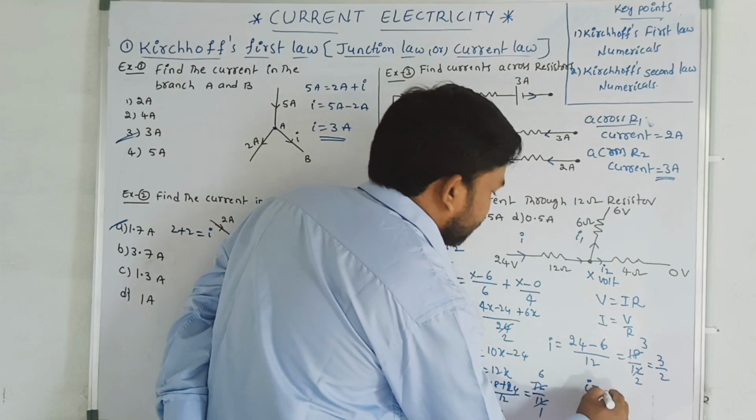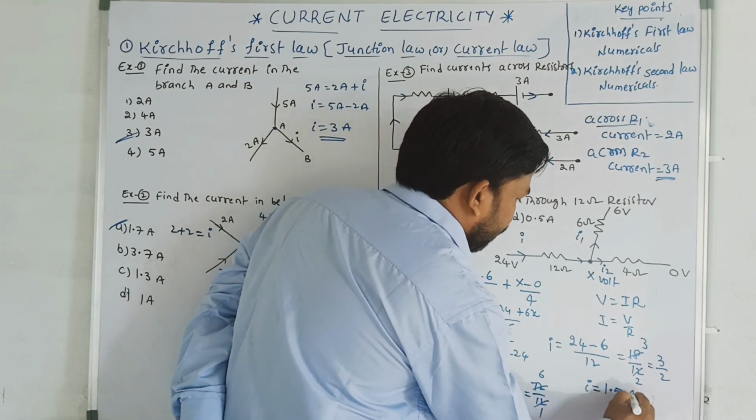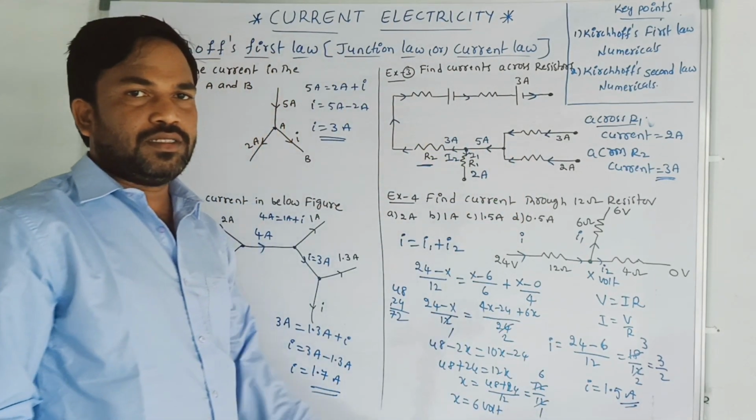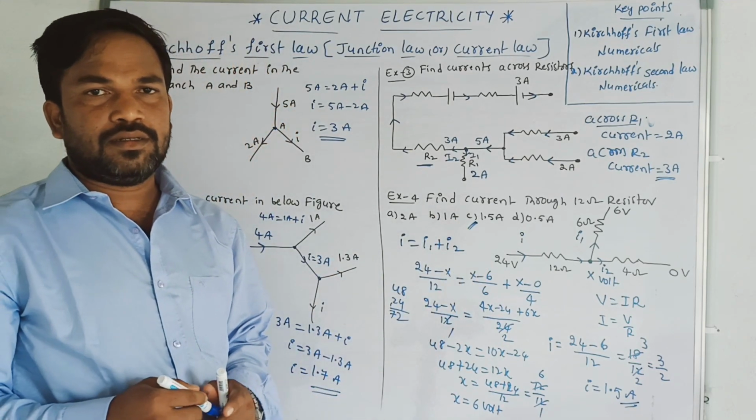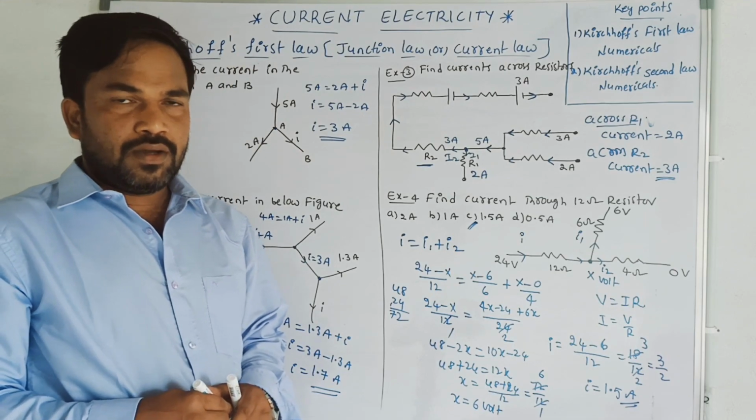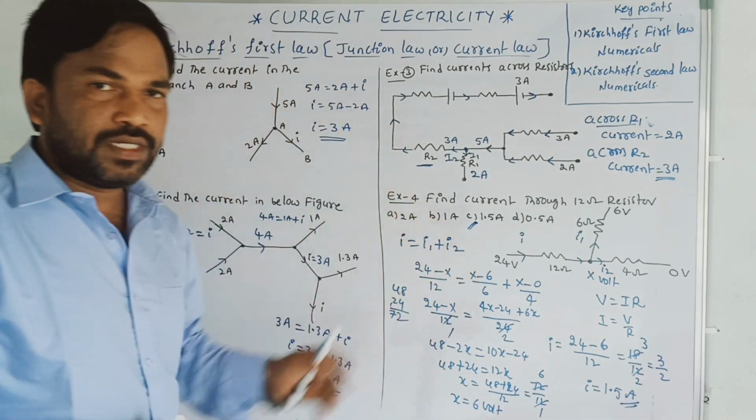Therefore the current across the 12 ohm resistor is 1.5 ampere. Option C is the right answer. Okay, now take a screenshot.